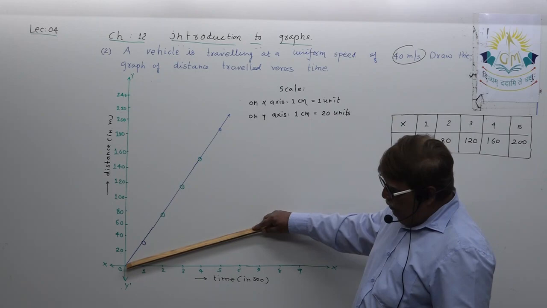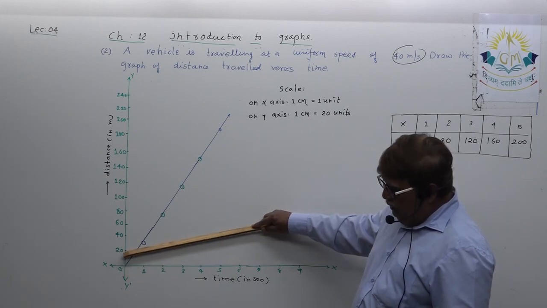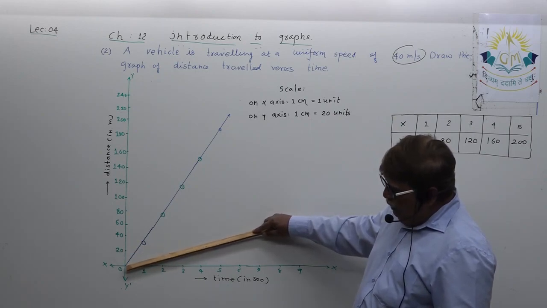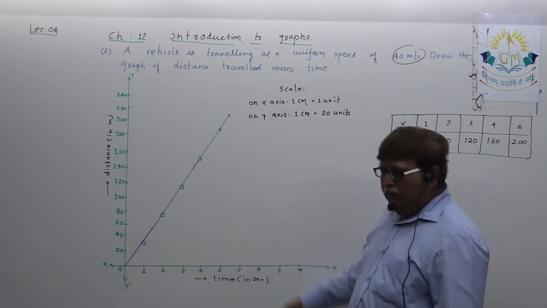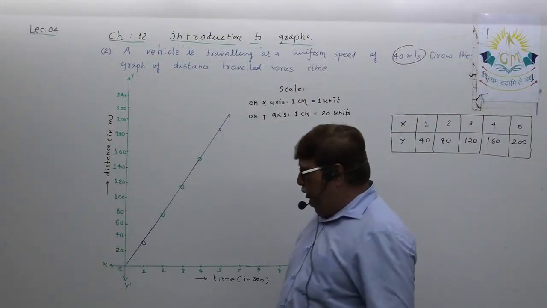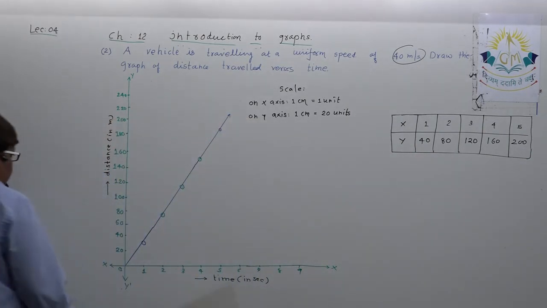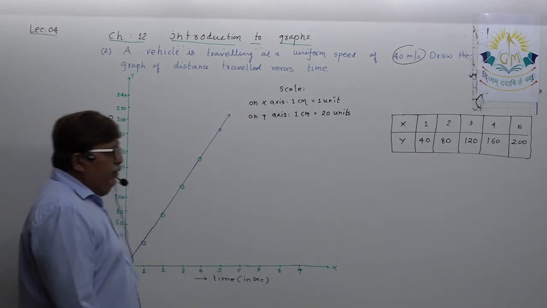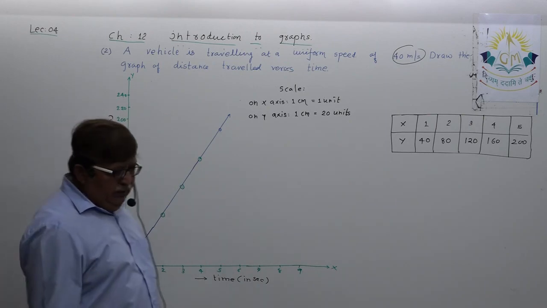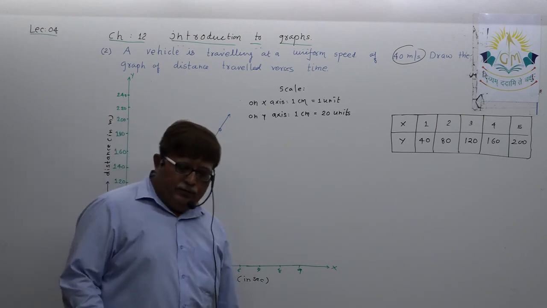Just divide 10 by 20, 1 upon 2. So every one line will constitute 2 here, that you will understand. Okay. Scale factor is very, very important to understand in drawing the graph, right?